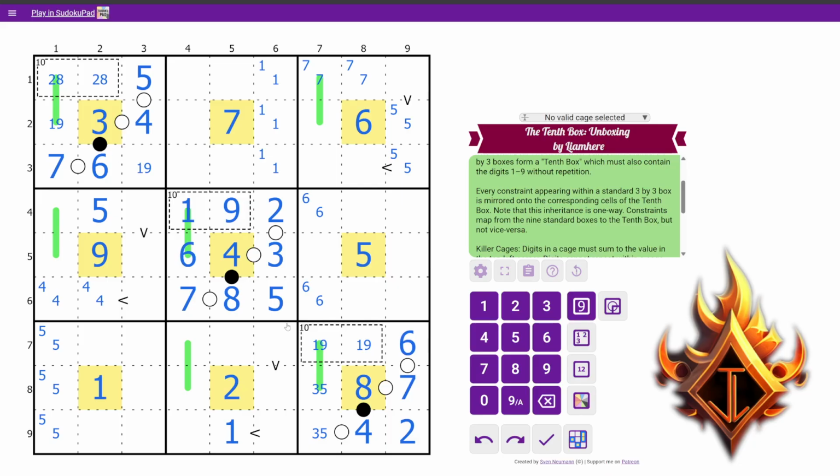Alrighty. Oh, 5 cannot be on a green. So that is 9. That is 1. 9. Nine cannot be there. Cannot be there.